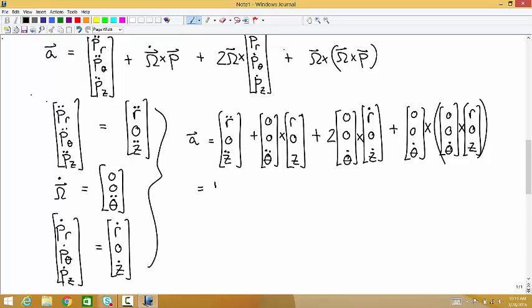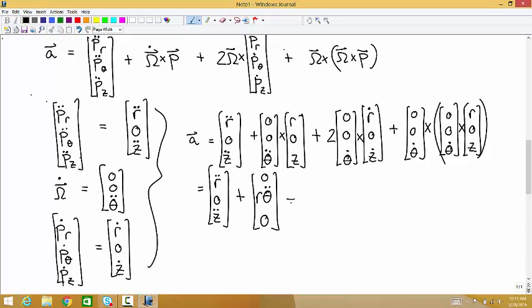Okay, so we have this plus the cross product of this second term. Do we have any non-zero values there? Yeah, the y component, or the theta component, is r theta double dot. You see that one?